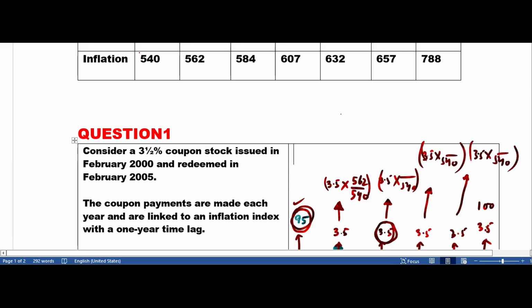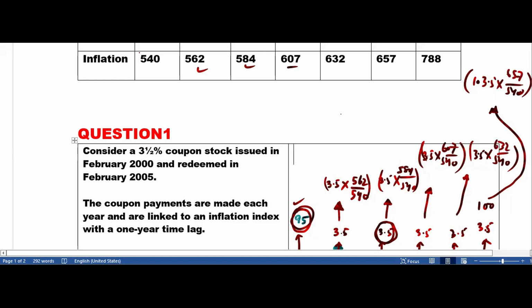And this one 103.5, 540. And now here if you see, if you start, we have used this one 562, then 584, then 607, 632, 657. So these are the values you need to find.